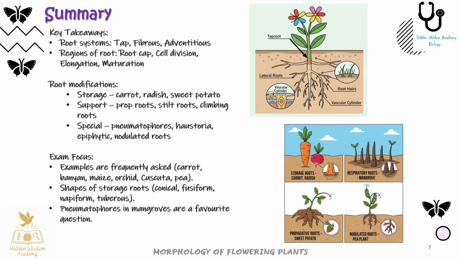Support roots like prop roots, stilt roots, and climbing roots give strength. Special roots include pneumatophores in mangroves, haustoria in cuscuta, epiphytic roots in orchids, and nodulated roots in peas. For exams, remember the common examples, the shapes of storage roots, and that pneumatophores in mangroves are a favorite NEET question.